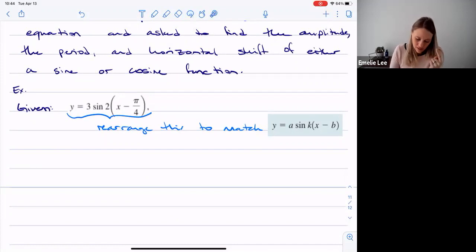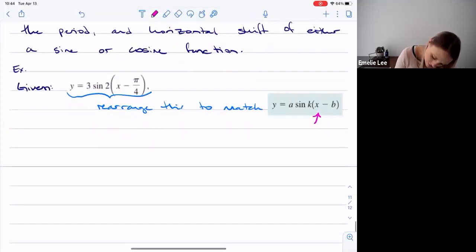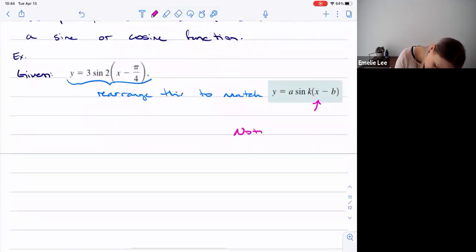The key is that the x has to be on its own, right? And if I'm adding some constant to x, then my b has to be negative, right? We've seen that before. But the key is here, notice x must be on its own.